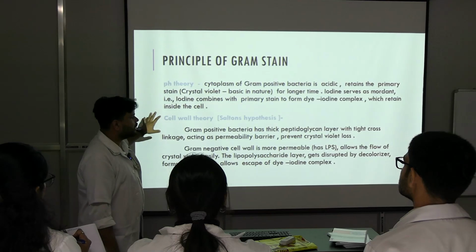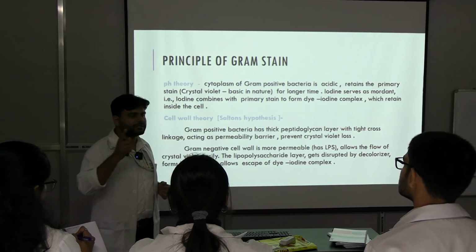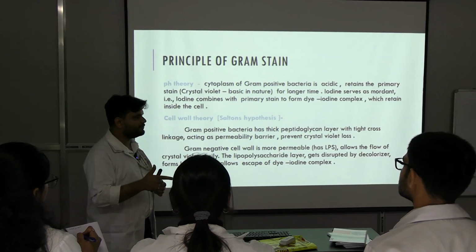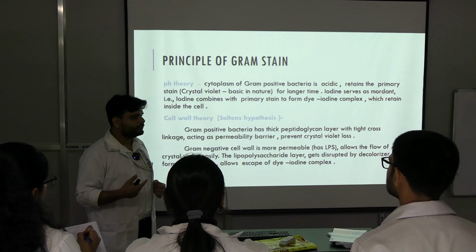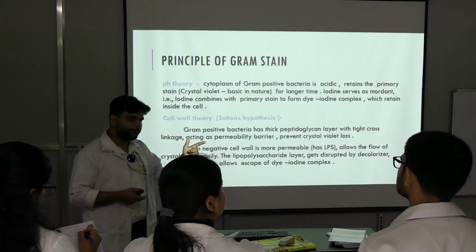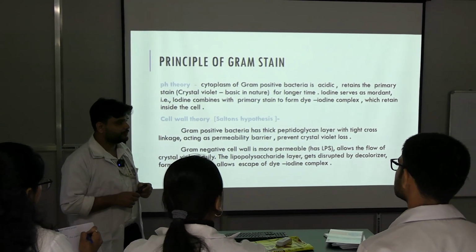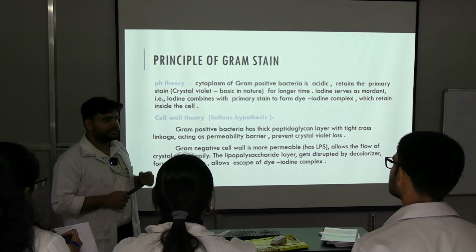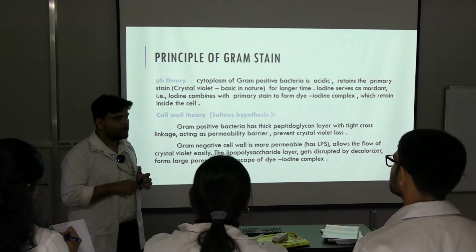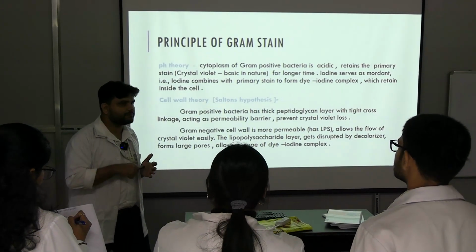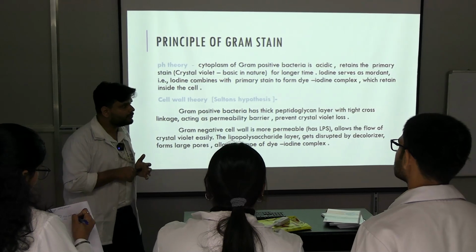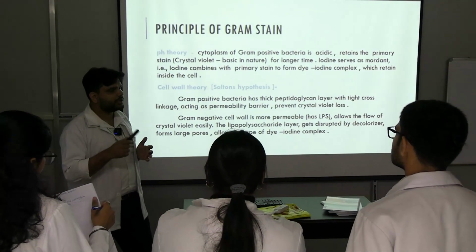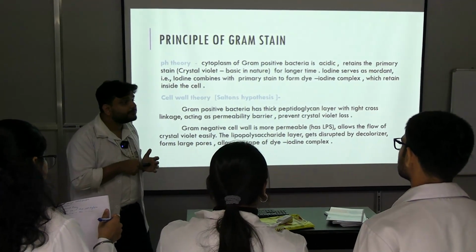Can anyone tell me the difference between the cell wall of a gram positive and a gram negative? Any one point? In positive we have thick peptidoglycan, and in gram negative it is thin. Anything that gram positive has but gram negative does not? Teichoic acid.